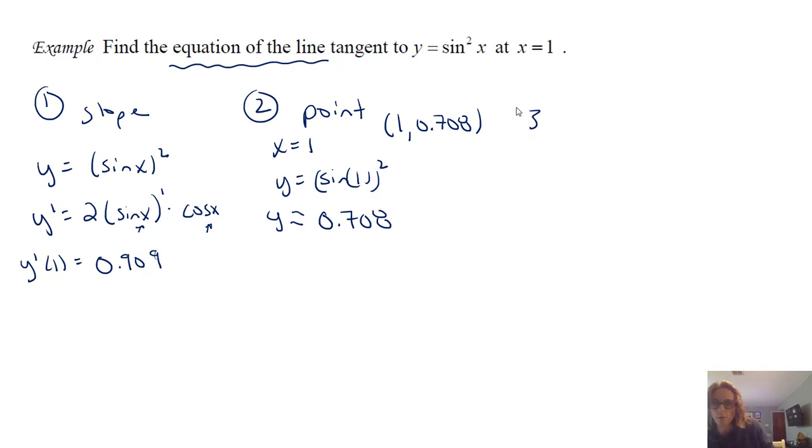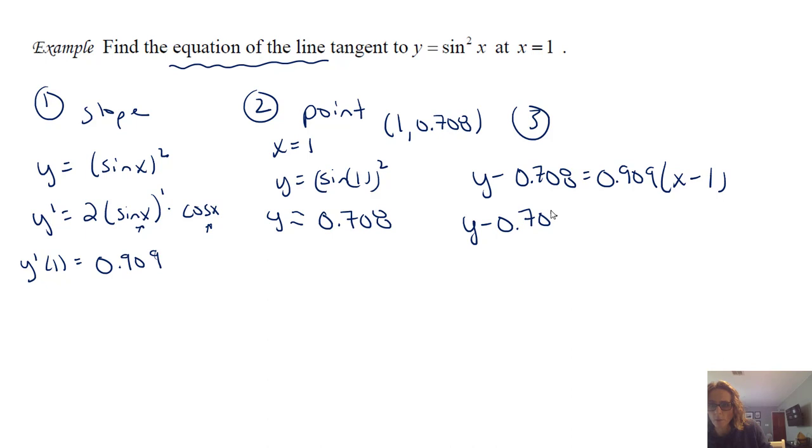So I'm going to come over here and I'm going to write the equation of my line. Y minus my y value equals my slope, and then x minus my x value. So in this case, we just have some decimals, and so just pay attention if you're asked to do something like this. You might be told to do a certain number of decimals, so pay attention to whatever that is.